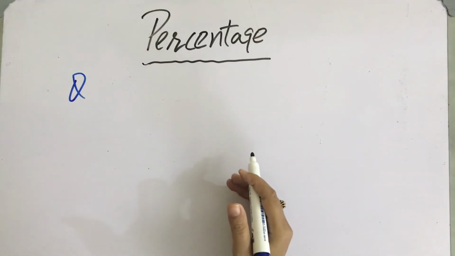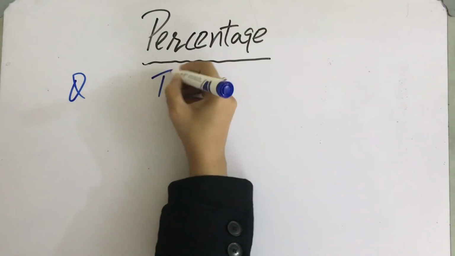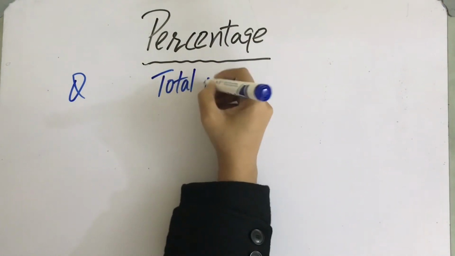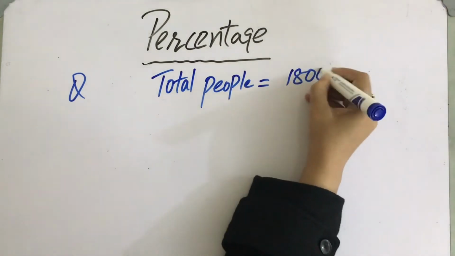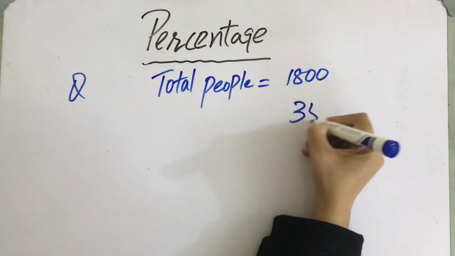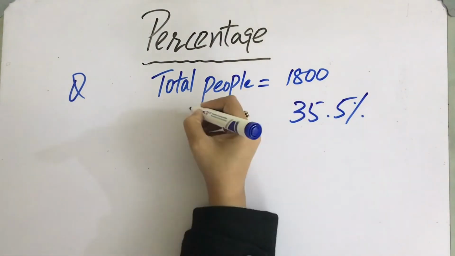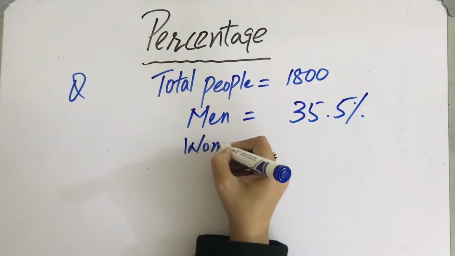The next question, 1800 people attended a dinner. Total people 1800. They attended a dinner. 35.5% were men, 40% were women.